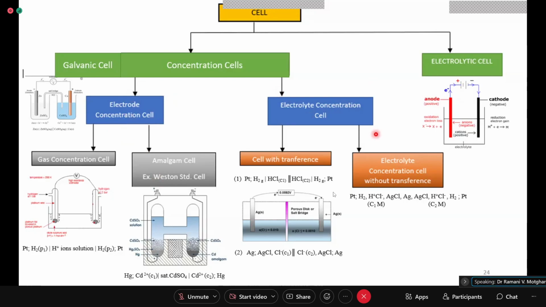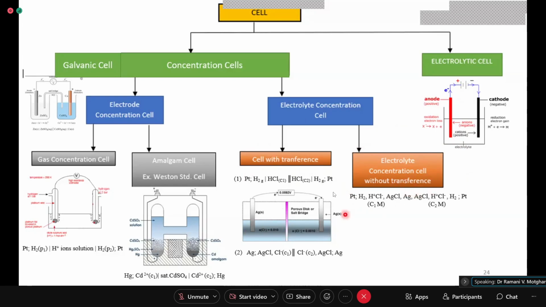Then coming to electrolyte concentration cell, you have something called a cell with transference, where the transfer of ions can take place, and a cell without transference. So in a cell without transference, the cell is connected back to back. You can see silver is kept here.